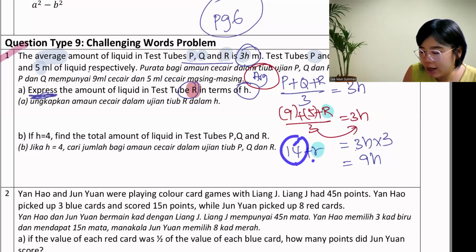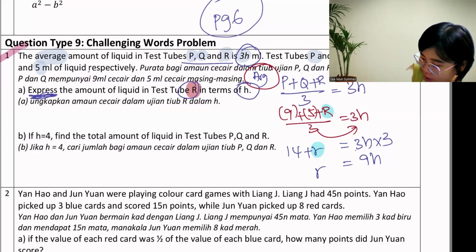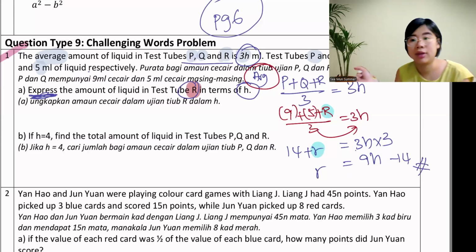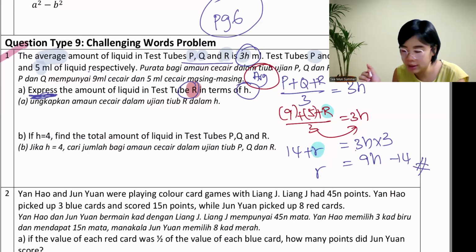And 14 and R is plus. The relationship is plus, so when you throw it over, it will become minus 14. So that's done already. Express R in terms of H. So this is my answer. Okay?